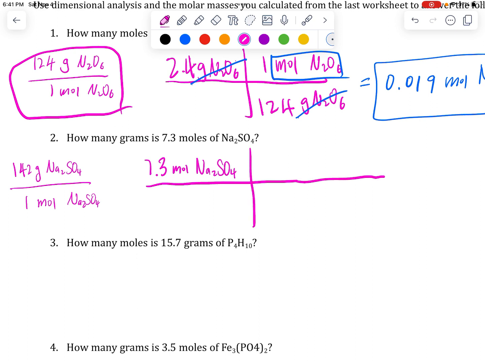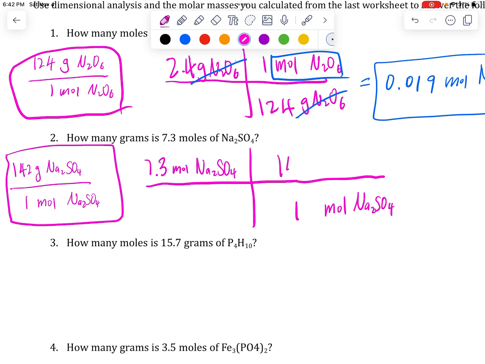Okay, so what else do I have to do? My next step is that, okay, I'm trying to go from moles to grams here, which means if I have moles of Na2SO4 on the top section here, I want it right underneath here as well so that the units go away, right? So moles of Na2SO4. Okay, so which one of the two, going back to my conversion factor here, contains that unit? So the bottom one, so just like that, right?